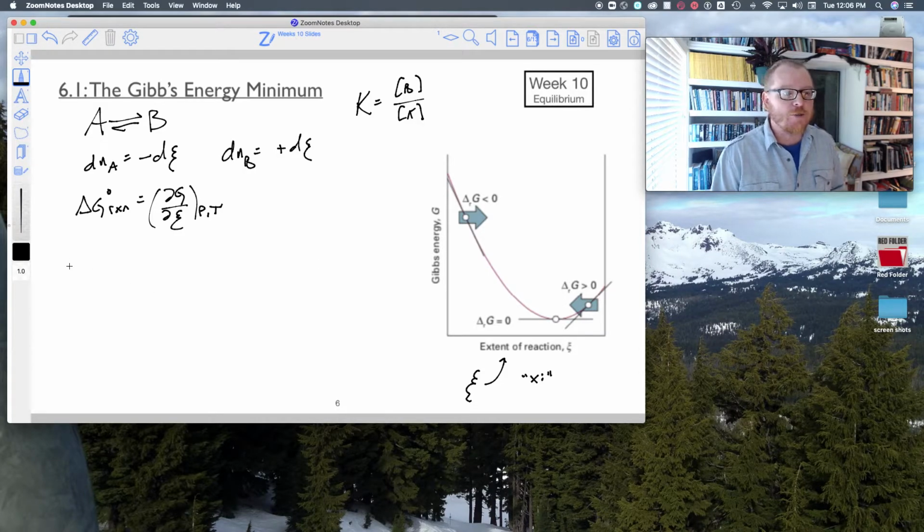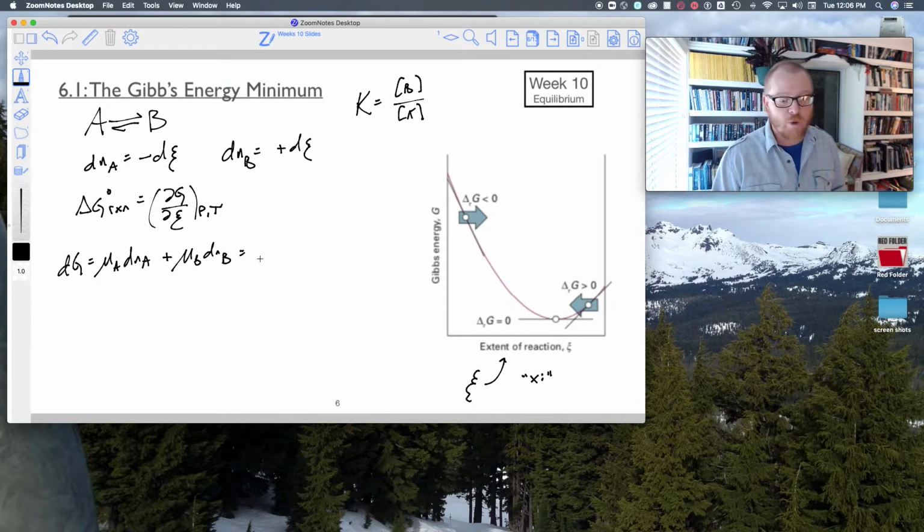Now if I write out the total differential for G, dG is of course mu_A, the chemical potential, times dn_A, as we established in chapter 5, plus mu_B times dn_B.